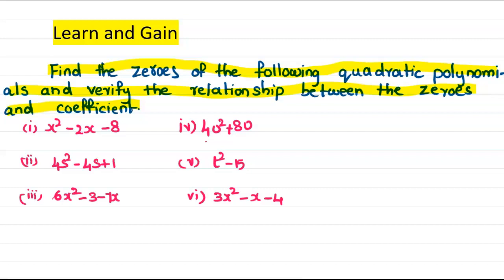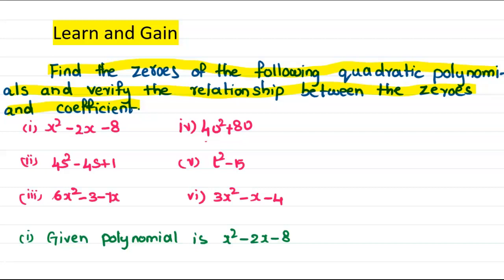So we have to take the first quadratic polynomial. The given polynomial is x square minus 2x minus 8.